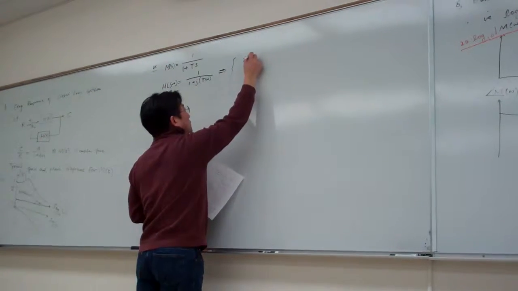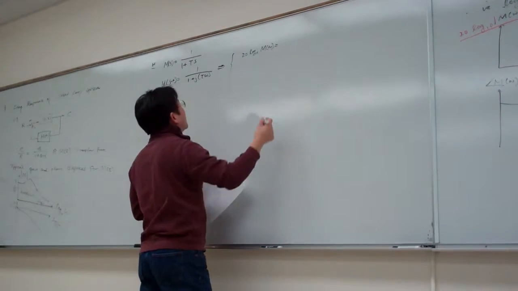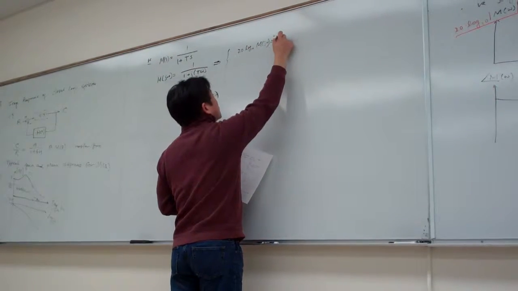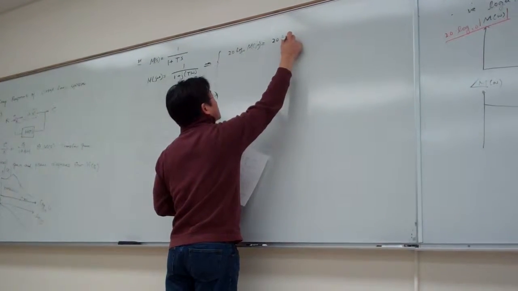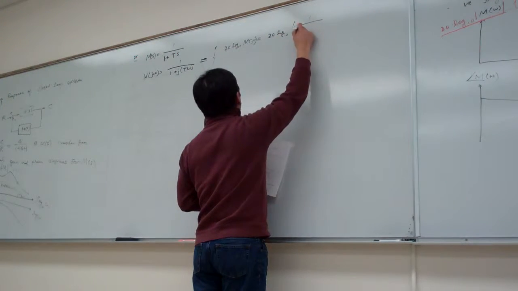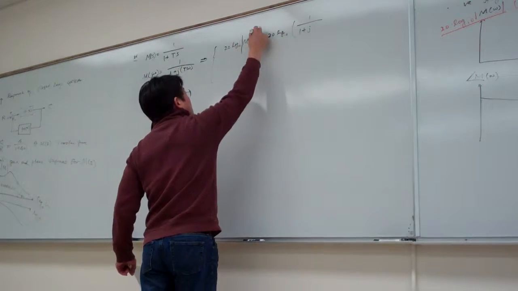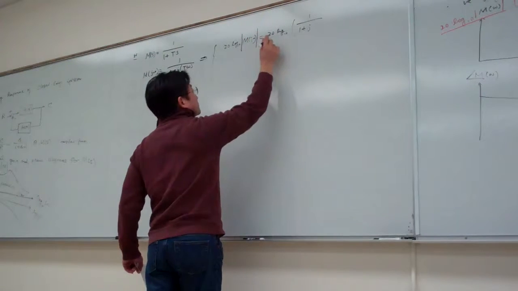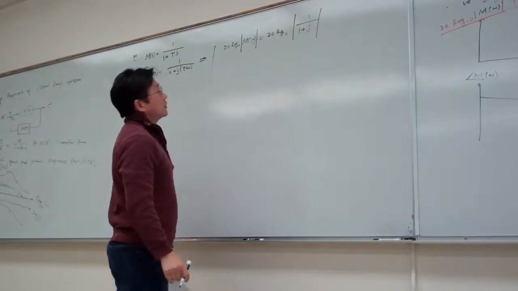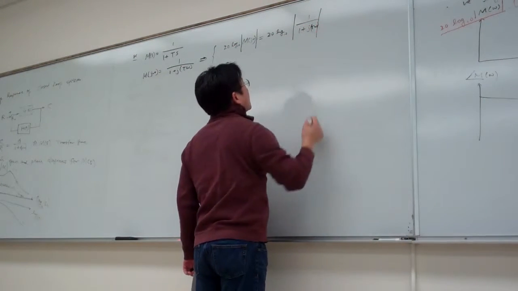We calculate 20 log 10 of the magnitude of G(j omega), which will be equal to 20 log 10 of 1 over the magnitude of 1 plus jT omega.